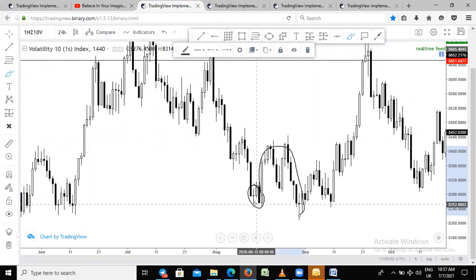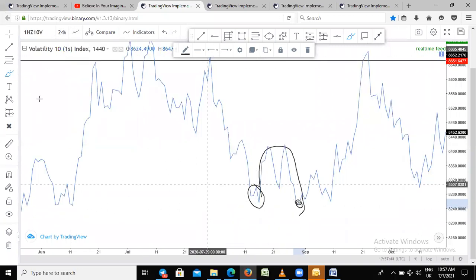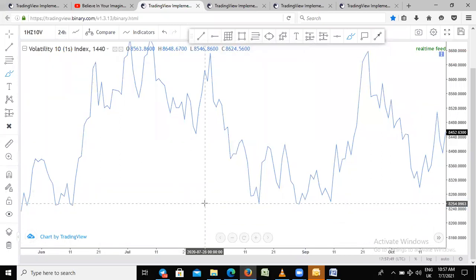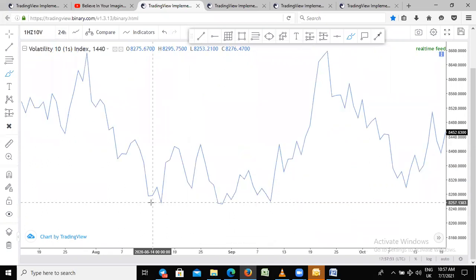Hope you know that this was a break of structure to the downside, because this bearish candle with a body closed below this. Let me bring my line chart to confirm this. See, did it close below it? I think we have relatively equal lows, right?